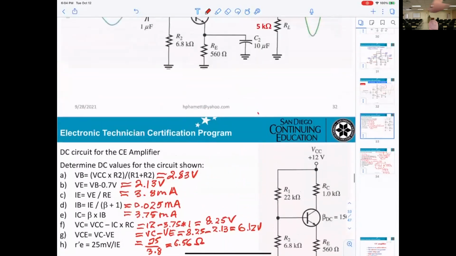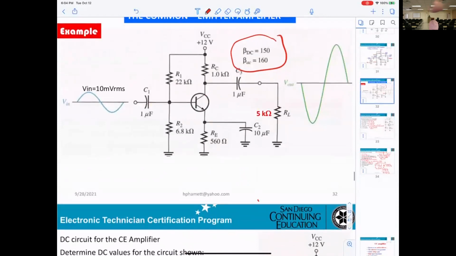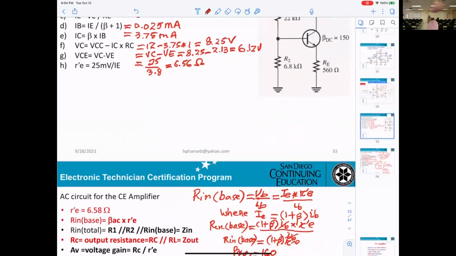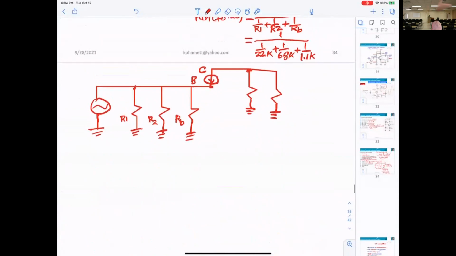Where is the load? Here, 1K and 5K. That will be a 1K, and that will be 5K, and that will be V out.